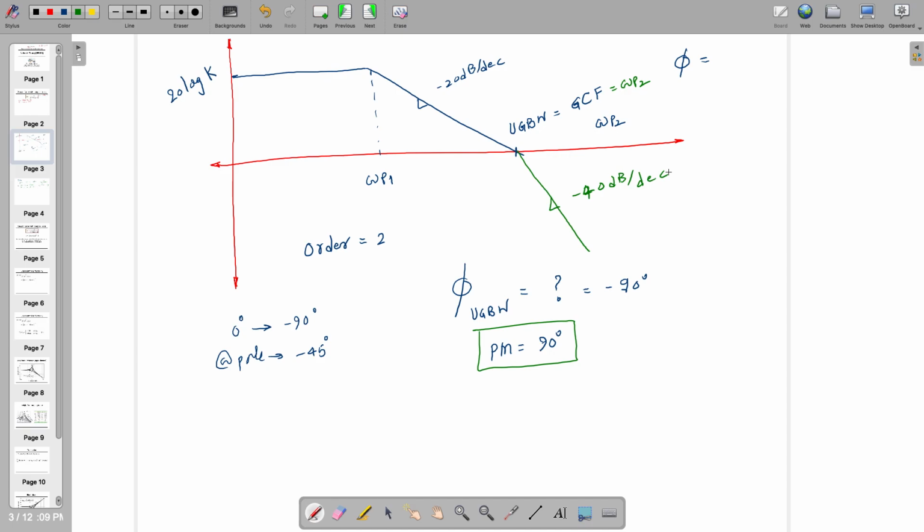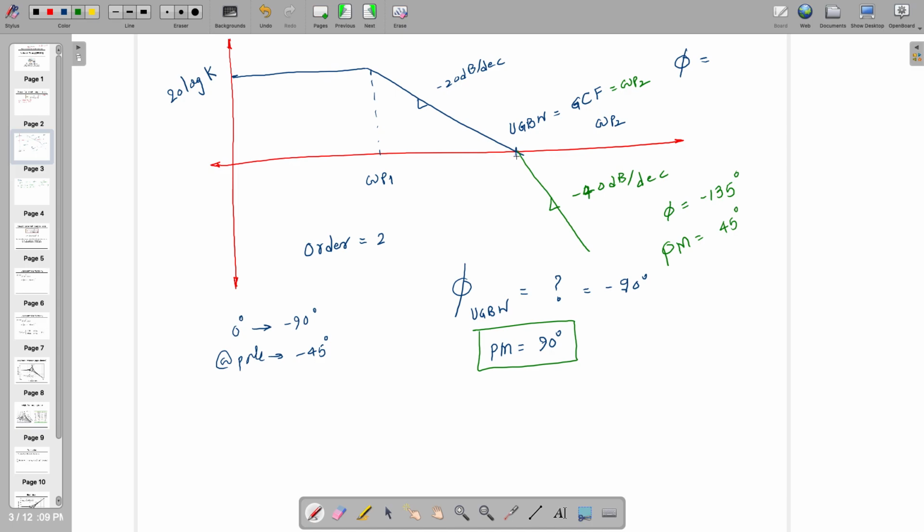Yeah, the phase will be exactly minus 135, not the phase margin. The phase margin has to be added 180 degree more. So your phase margin is equal to 45 degree. So in this case, you are going to see some ringing for sure.